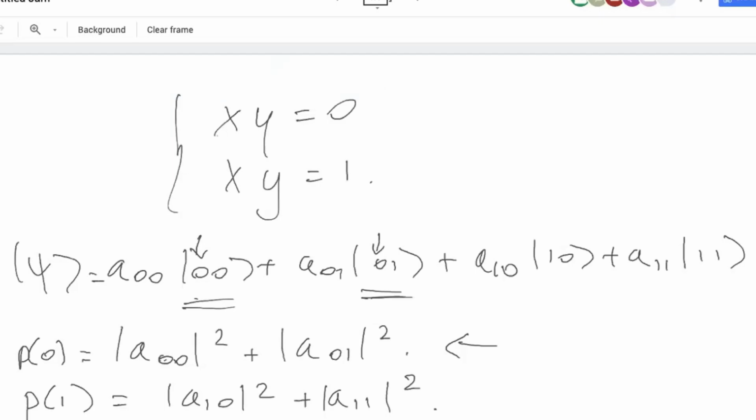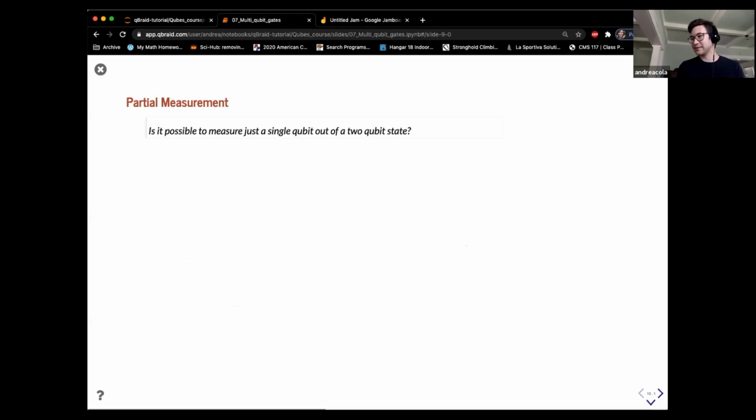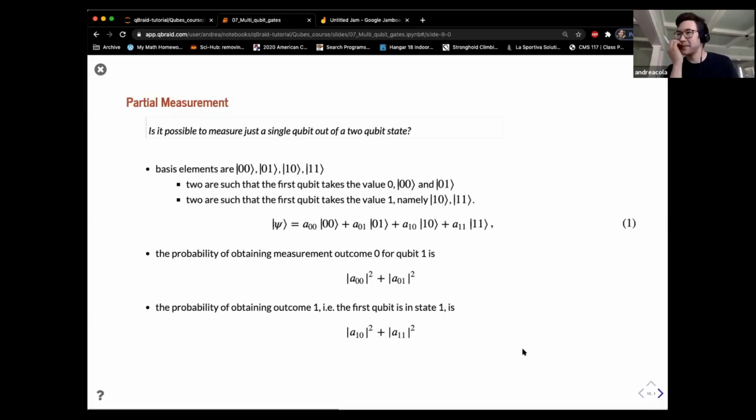Okay. So here's a recap. Basis elements 0, 0, 0, 1, 1, 0, 1, 1. 2 of them are such that the first qubit takes the value 0, 0, 0, and 0, 1. 2 of them are such that the first qubit takes the value 1, 1, 0, and 1, 1. Probability of obtaining outcome 0 is this.